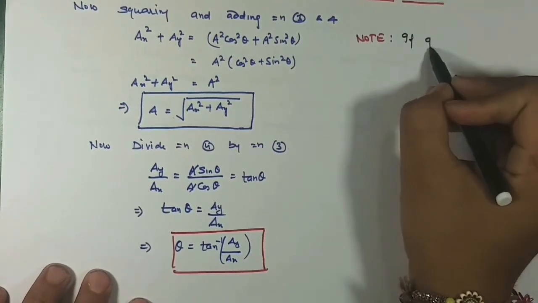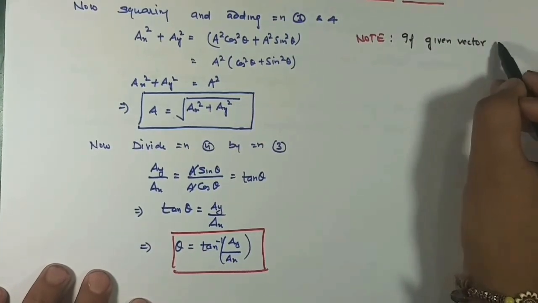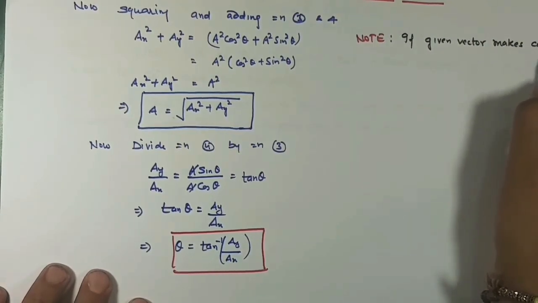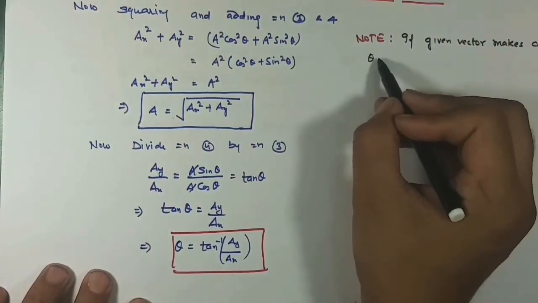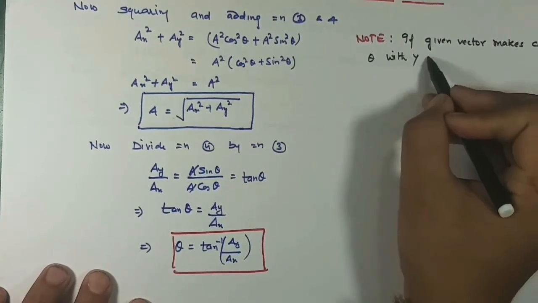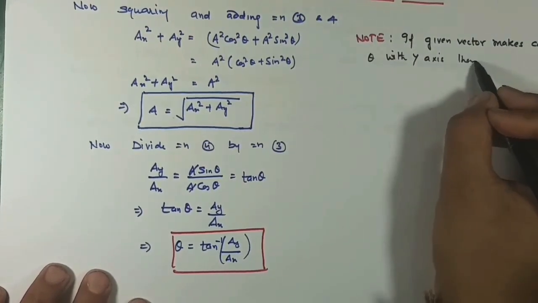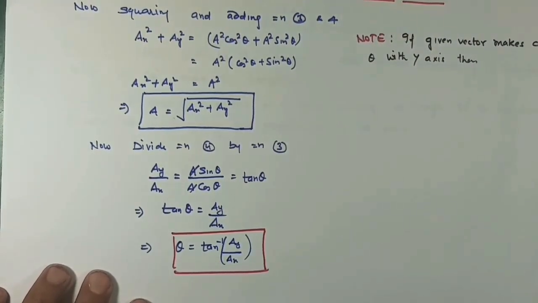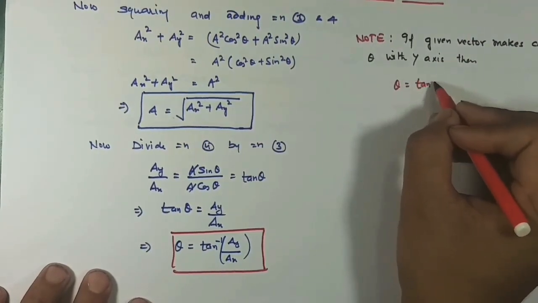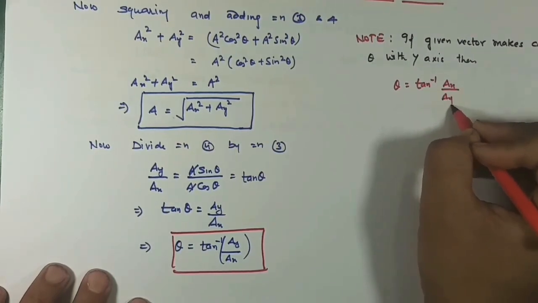If a given vector makes an angle theta with the y-axis, then the formula becomes theta is equal to tan inverse ax upon ay.